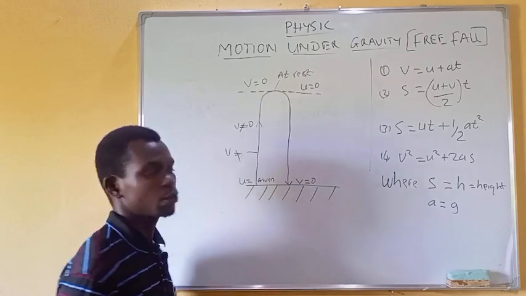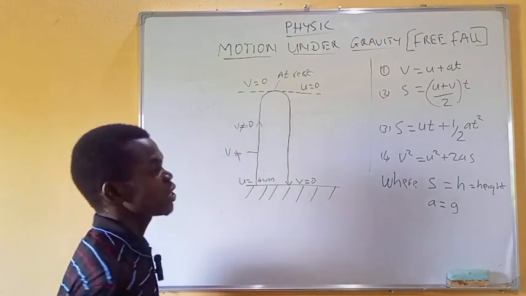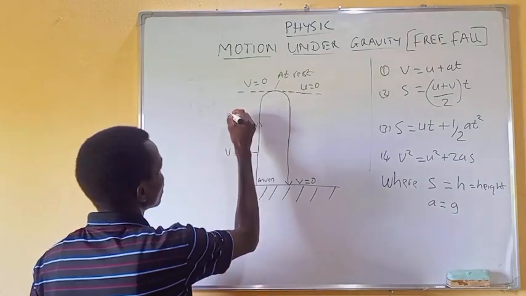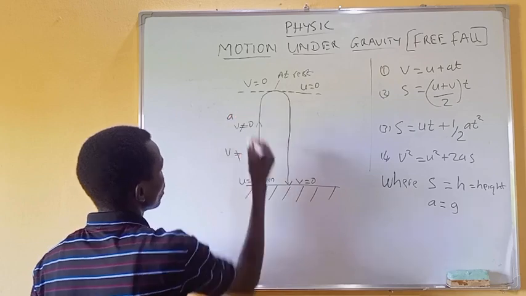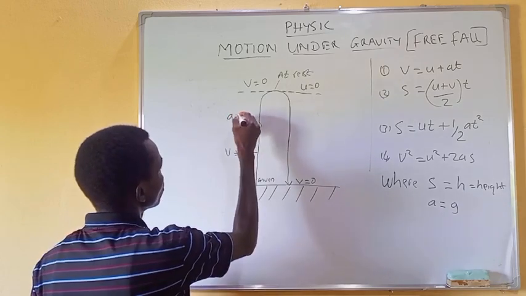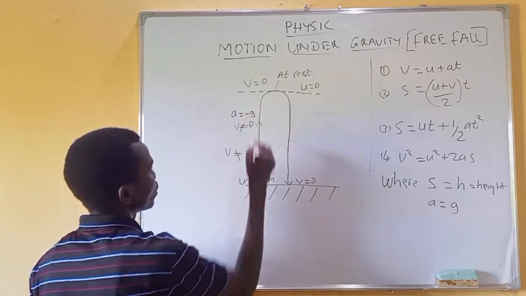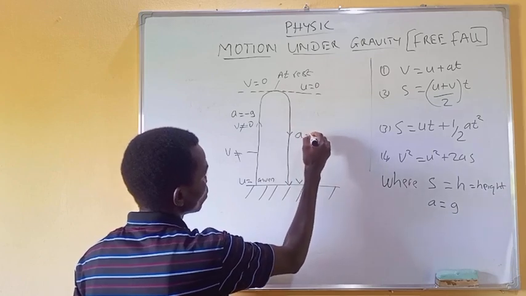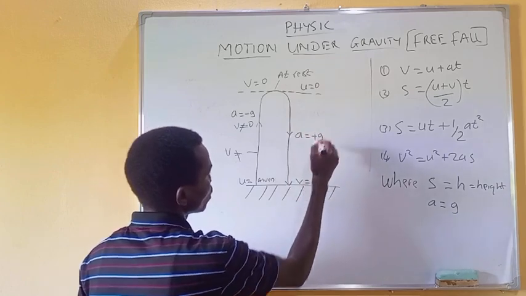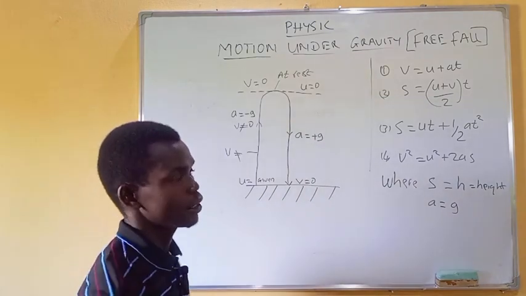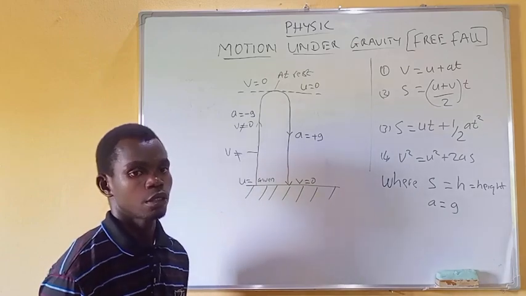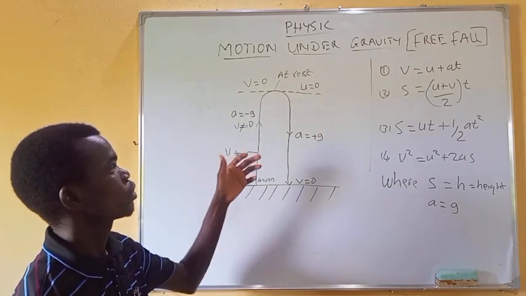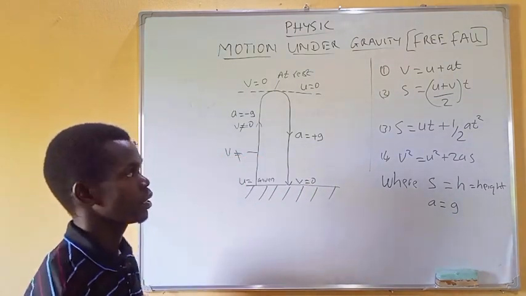And that downward motion is positive, while the upward motion is negative to the gravitational force. So acceleration in the upward movement will be negative gravity, while in the downward movement, acceleration will be positive gravity. These are the things you need to know before you can calculate any question relating to motion under gravity.